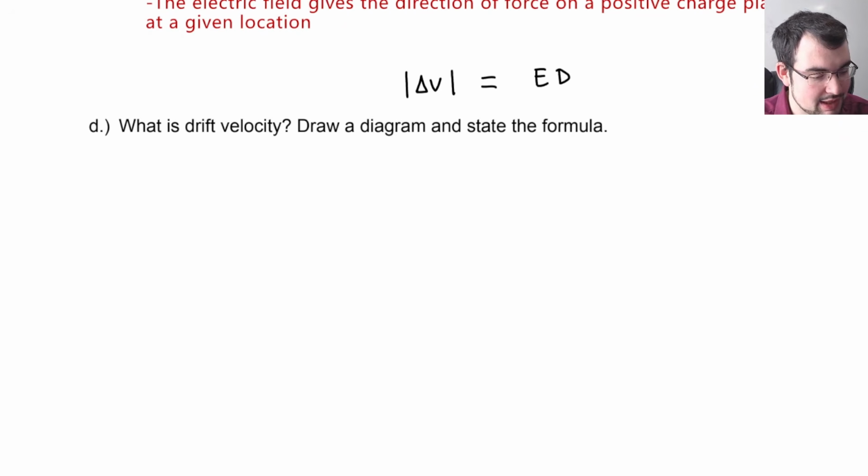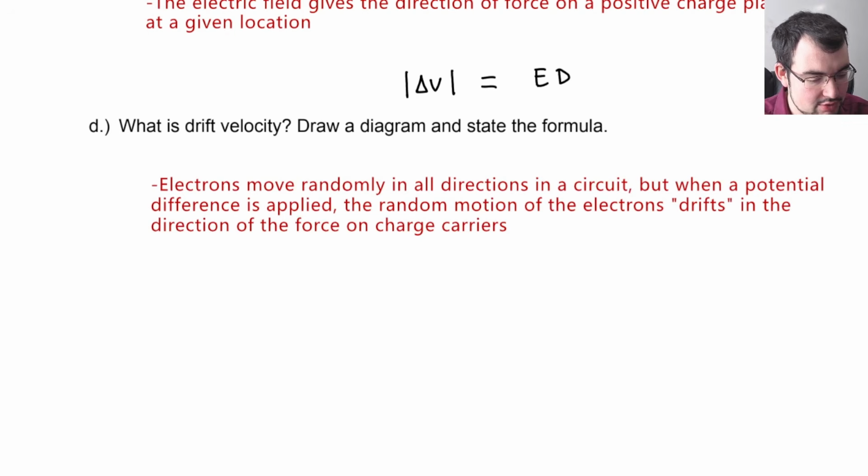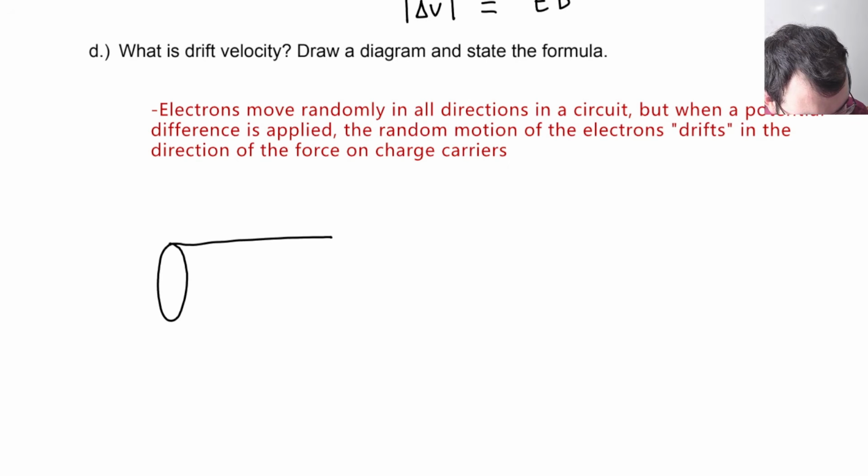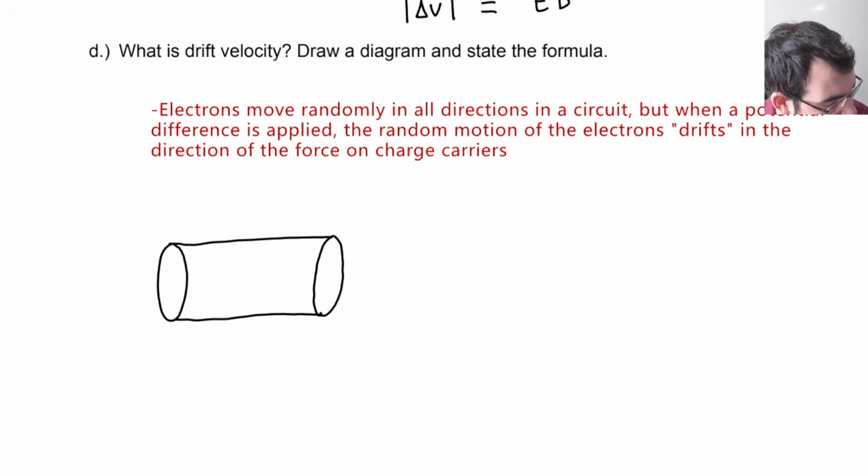What is drift velocity? Well, drift velocity says that electrons do move randomly really fast in all directions, but if you apply a potential difference, they're still moving randomly and mostly canceling their velocities, but there's a portion that sort of creeps towards one side of the circuit. Essentially we could draw our cylindrical resistor model.